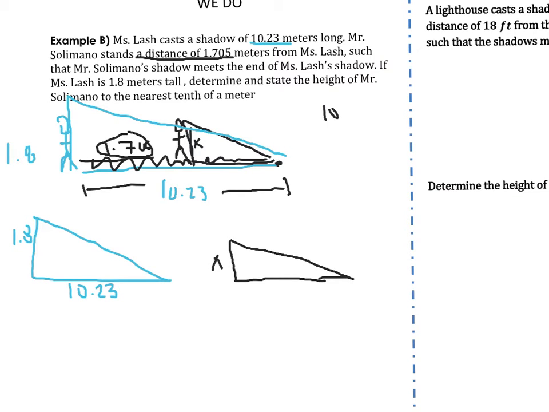So if we did 10.23 minus 1.705, we'd find the shadow of Mr. Salamano. So I'm going to use my calculator because there's a lot of decimals. And we get 8.525.